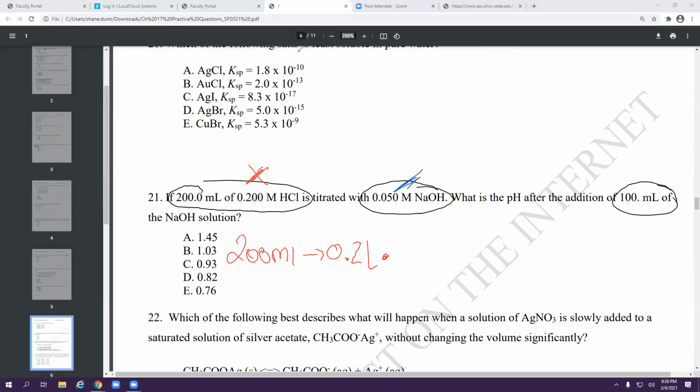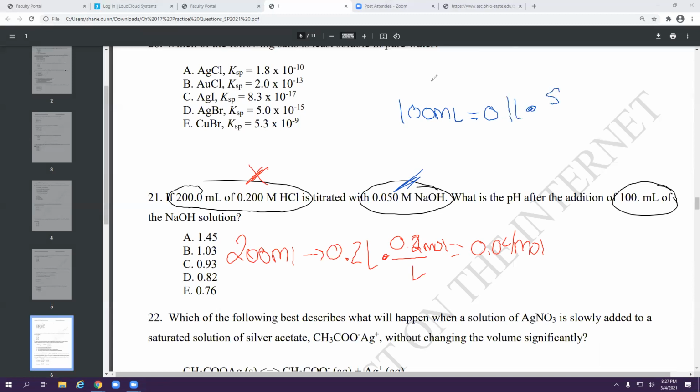That is multiplied by 0.2 moles over liters. So 0.2 times 0.2 gives you 0.04 moles of the acid. Base, 100 milliliters is going to be 0.1 liters.